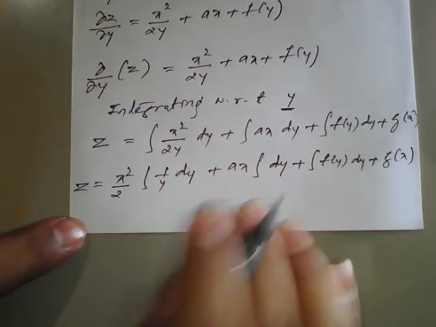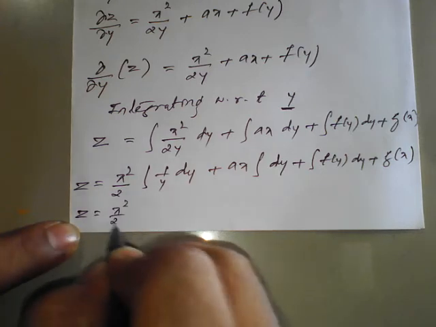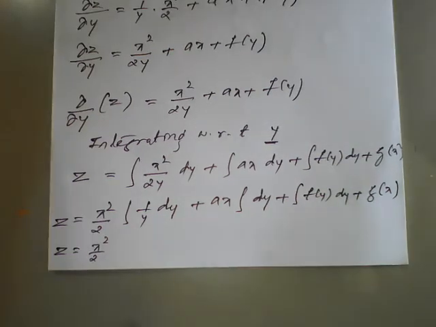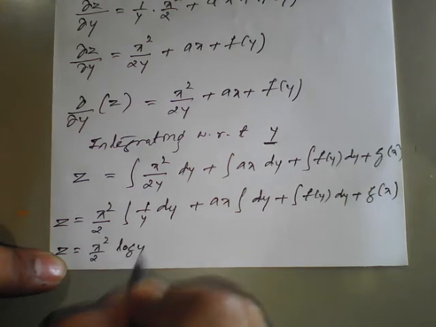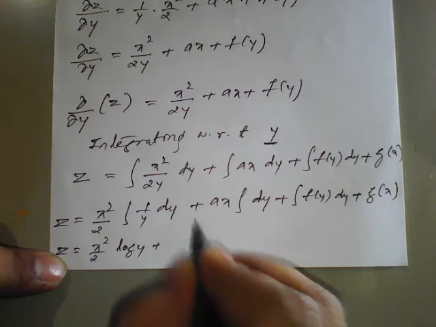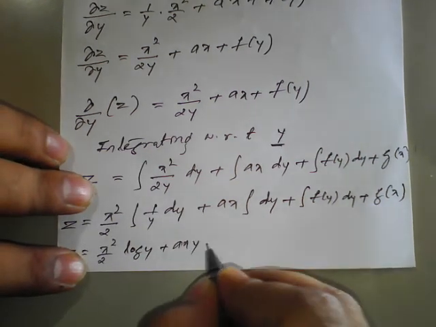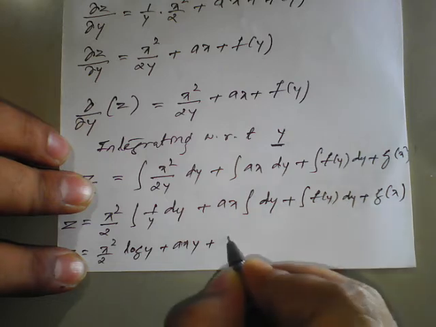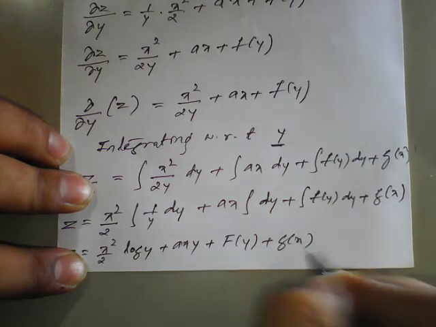So now finally, on integration, z is equal to x square by 2 as it is, integration of 1 upon y is log of y, plus ax as it is, integration of dy is y, plus, we don't know the answer of integration of f of y dy because it is a function of y, so I will consider it as capital F of y, and this g of x as it is.